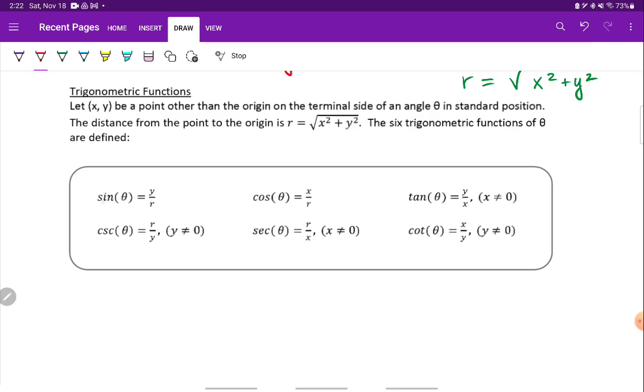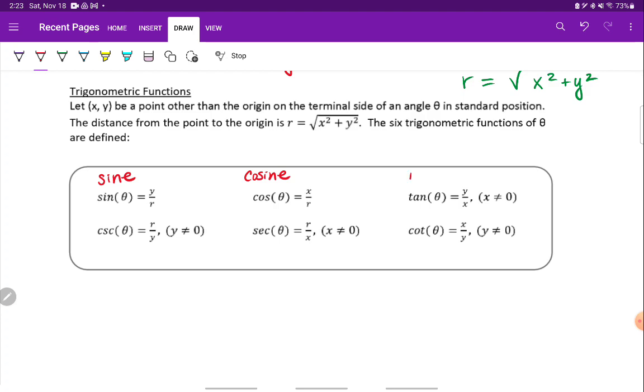This first function is abbreviated sin, but it is said sine. That's the full name. So sine of theta is equal to y divided by r. The next one, abbreviated cos, this is cosine. Cosine of theta is equal to x over r.